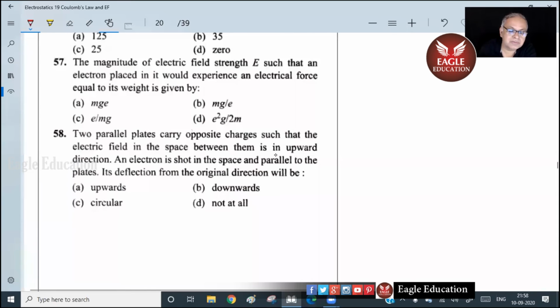Anshuman, try this answer. You should be able to picture it. So the field is up like this.